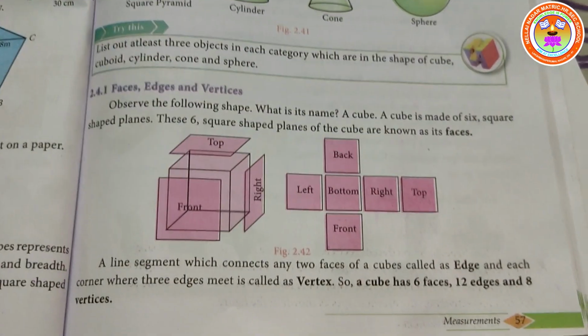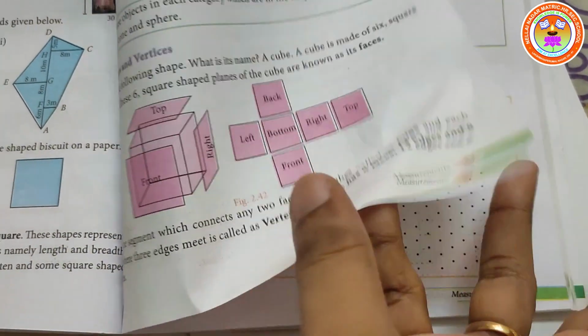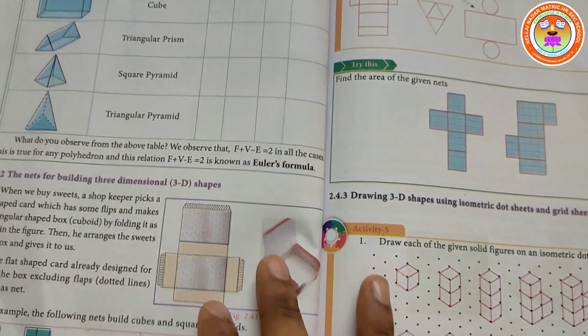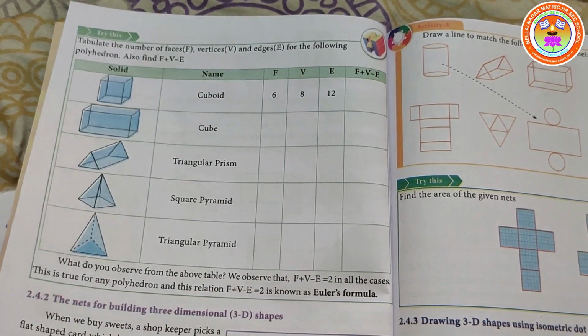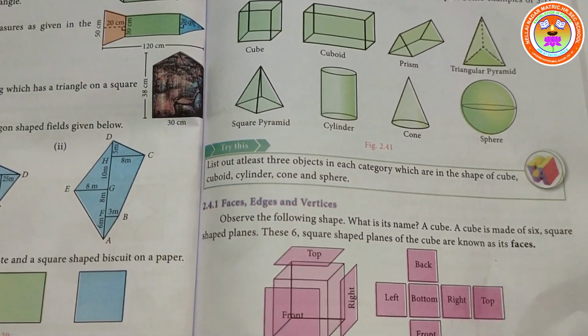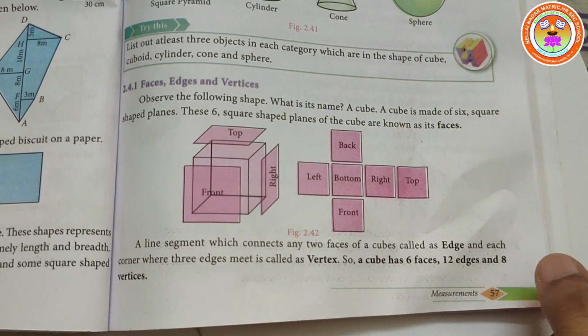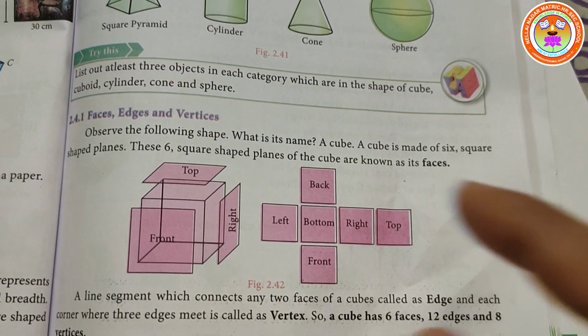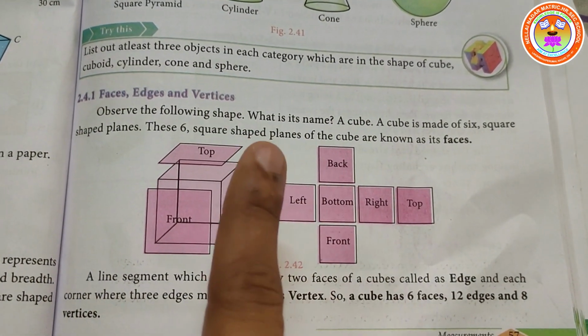So up to this you complete it. We'll see the next class how to do the calculations for the Euler's using the Euler formula. Thank you children. We'll see in the next class. Up to this you have to complete it. Up to this diagram.